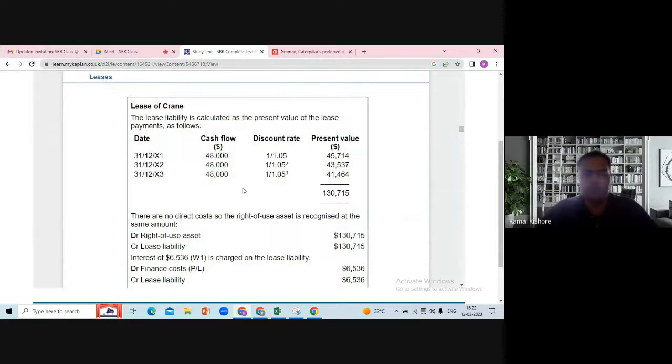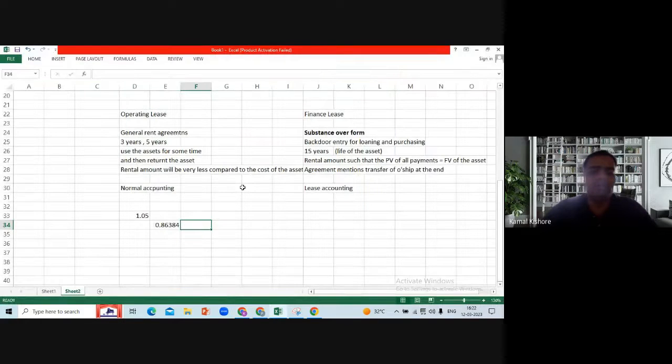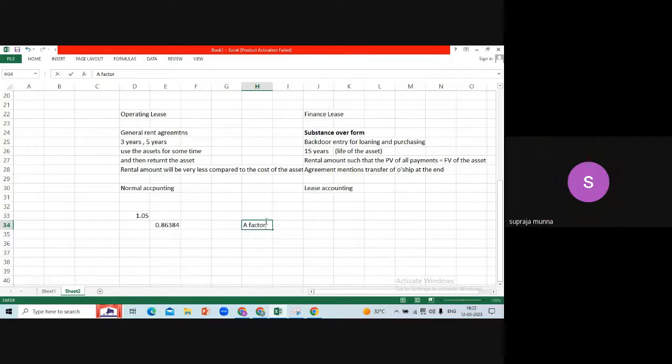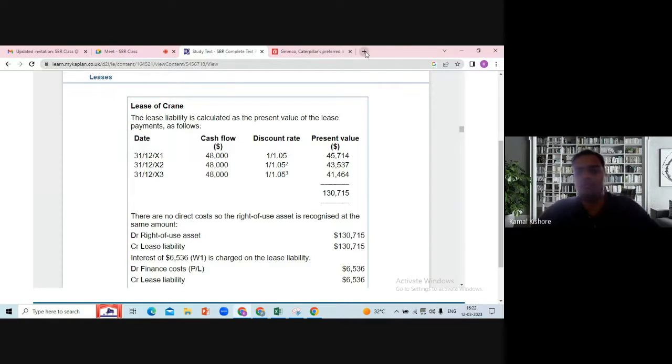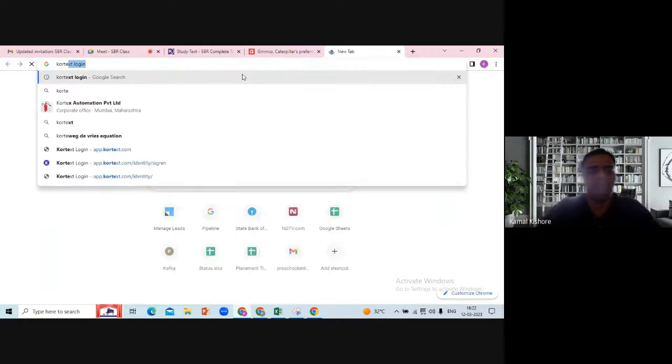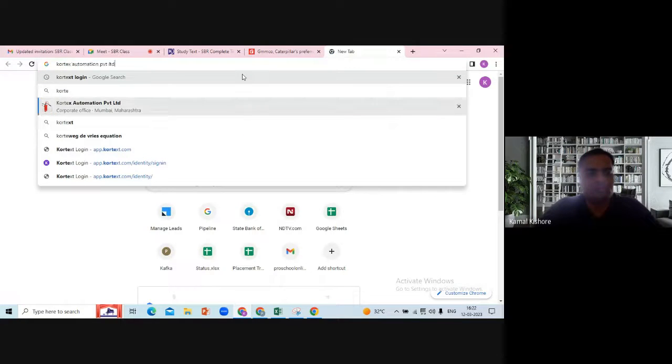So you can calculate, and then we have an annuity factor formula also. Annuity factor. I don't remember the formula, and it becomes very, very easy. Just give me a second. I will tell you right away.